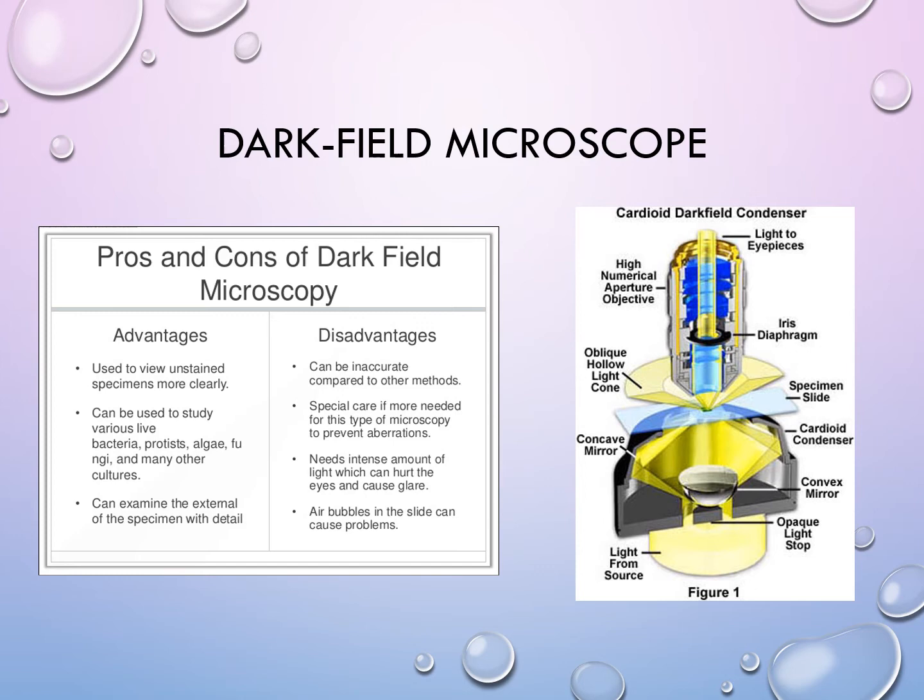So we use this when microbes aren't visible with the use of the light microscope, or it can't be stained by standard methods, or if staining distorts the microbe in some way and we really can't get a good look at it, then this dark field microscope can be an option.